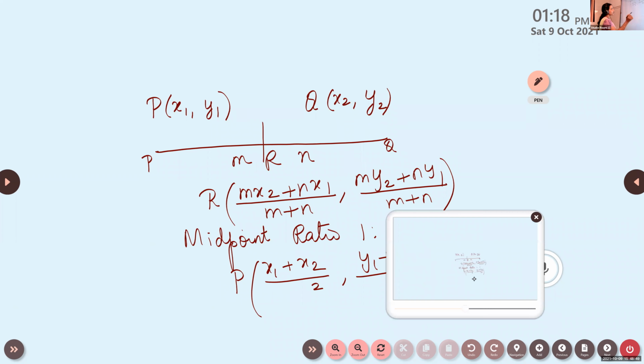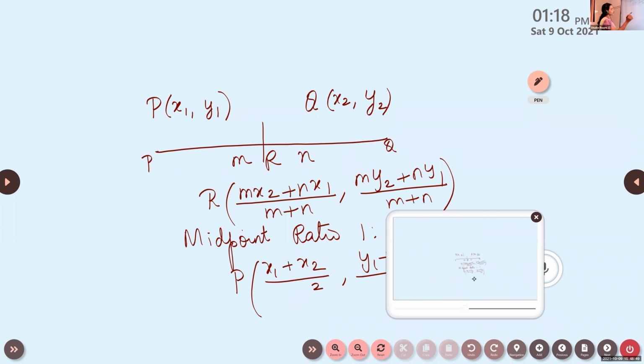If x1, y1, x2, y2, and x3, y3 are the vertices, then the centroid of the triangle is given by x1 plus x2 plus x3 by 3, y1 plus y2 plus y3 by 3.